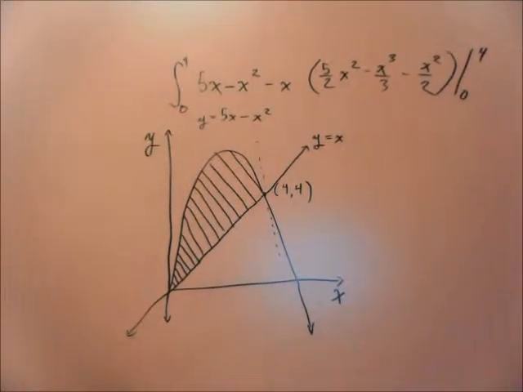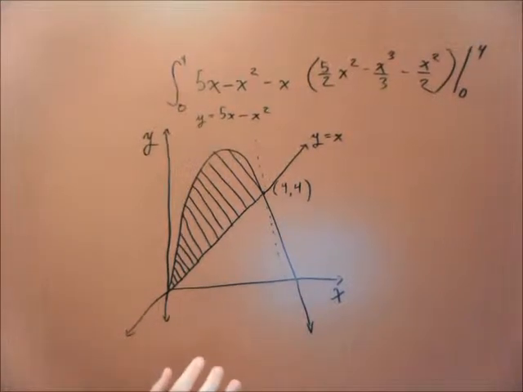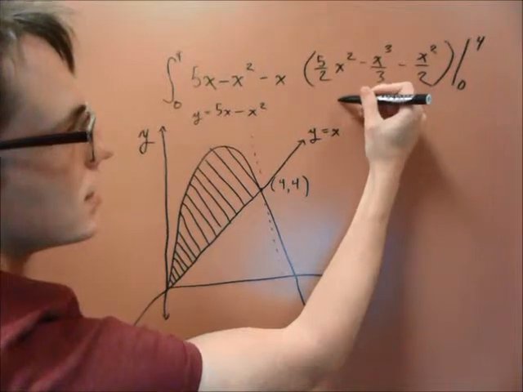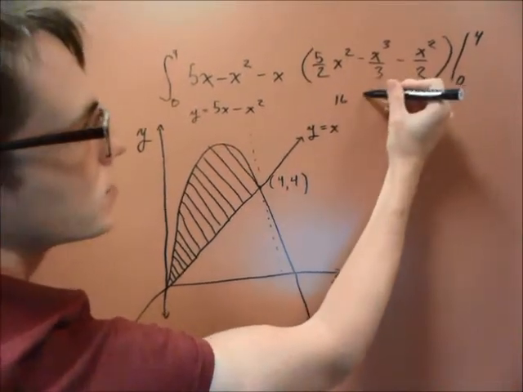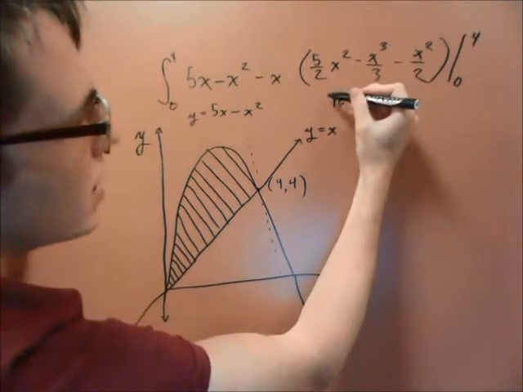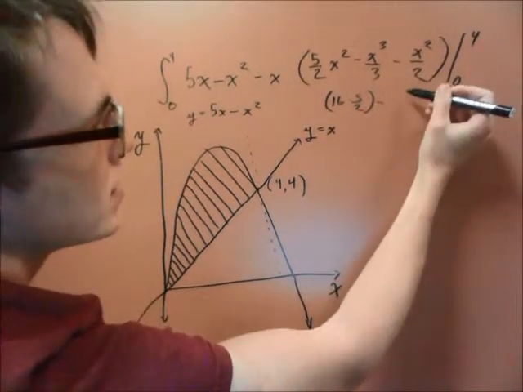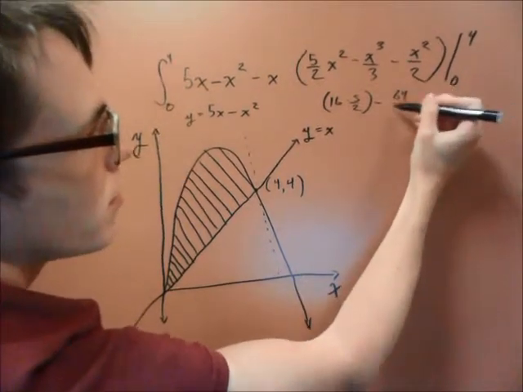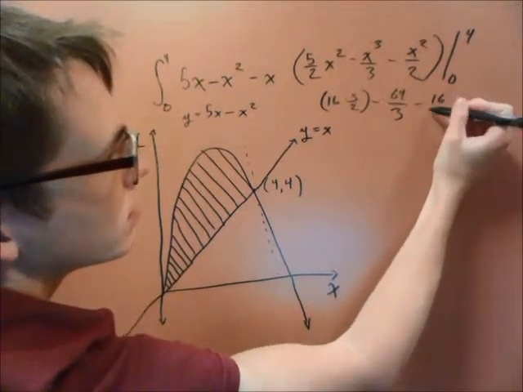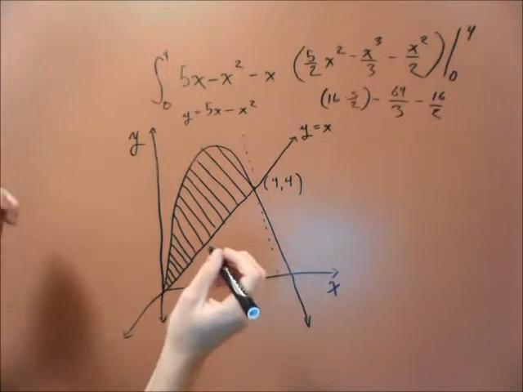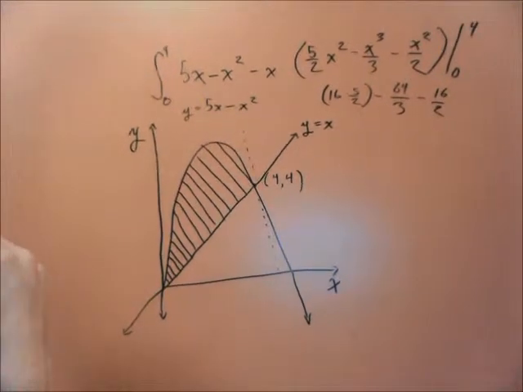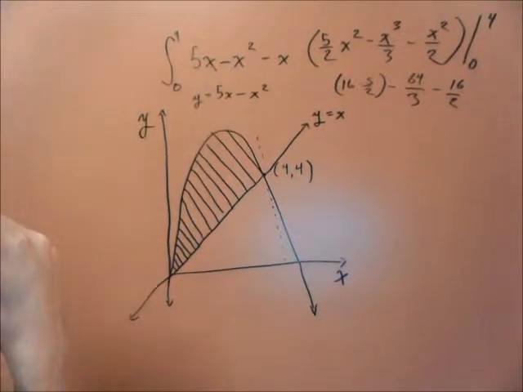When you plug that in, it comes out to 16 times 5 over 2, because you plug in 4 for x, minus 64 over 3 minus 16 over 2, which comes out to be some fraction that I don't feel like calculating.